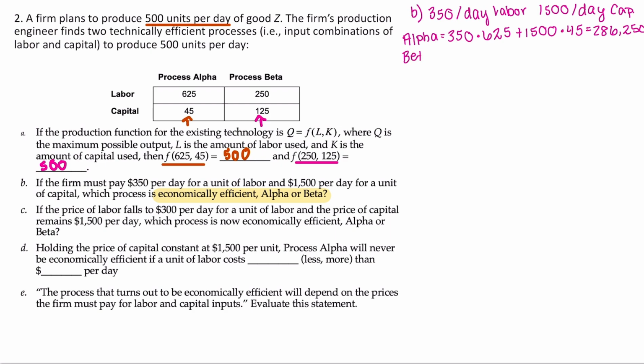And beta will give us 250 times 350 plus 1,500 times 125. It's going to give us 275,000. So our lowest cost option out of those 2 options is beta.